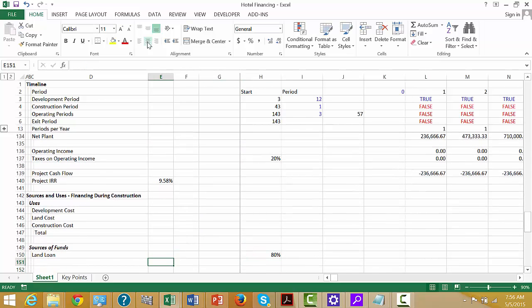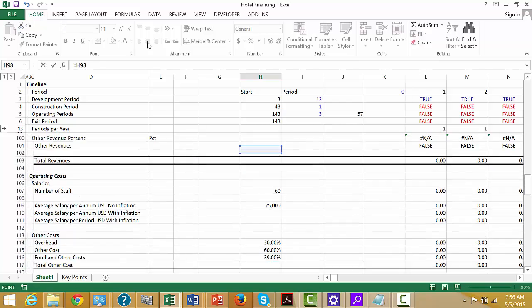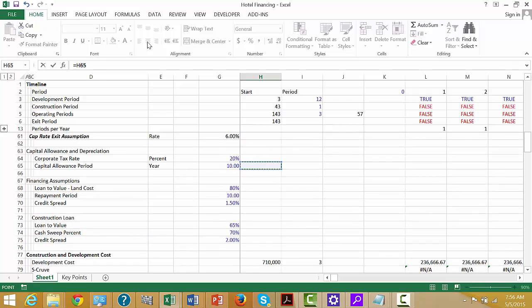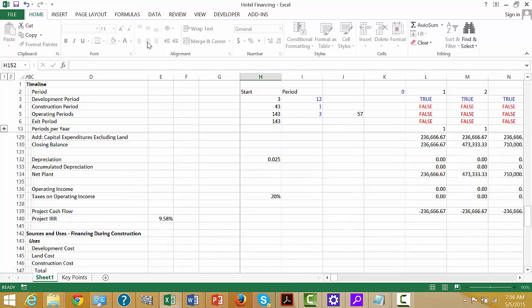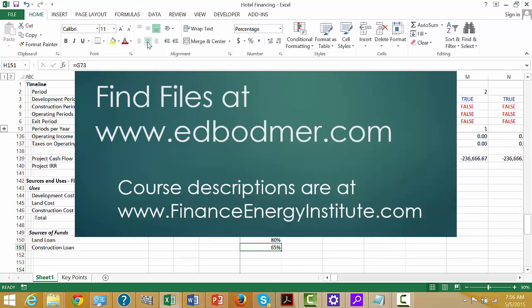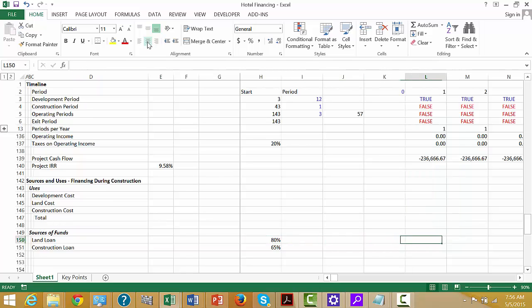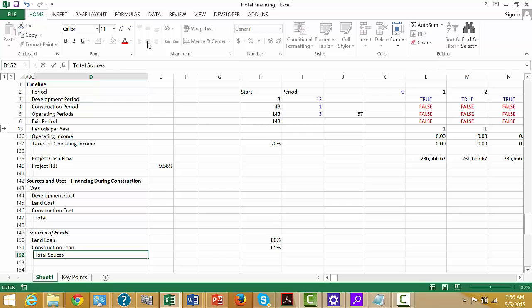And then below the land loan, let's put the construction loan. And we said that's going to be 65% of our construction. So what we do here is just multiply this by the land cost, multiply this one by the construction cost, and we'll have total sources.